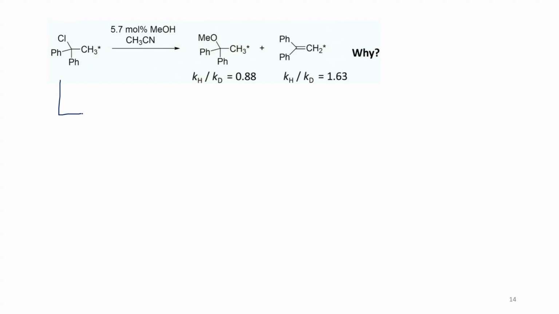So how is this possible? If there is a CH here and it gets removed, we will get the eliminated product.